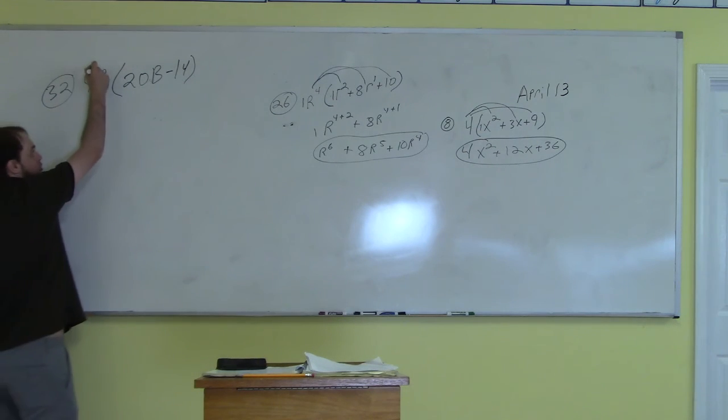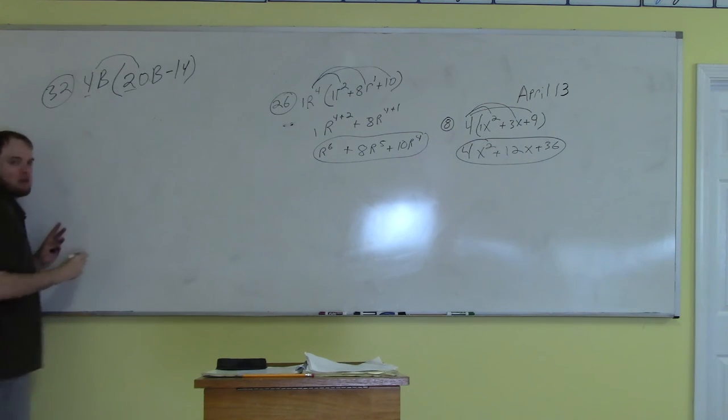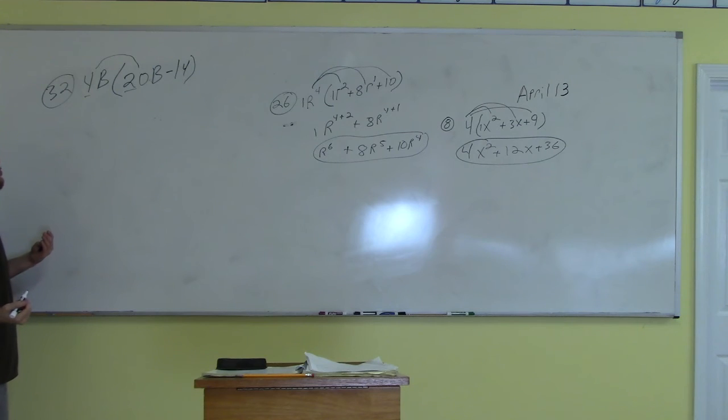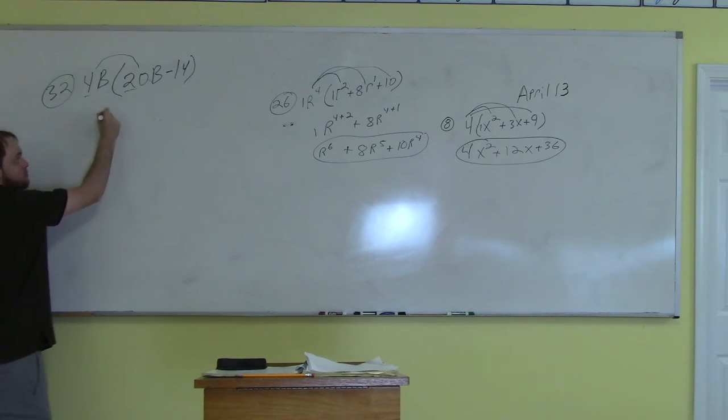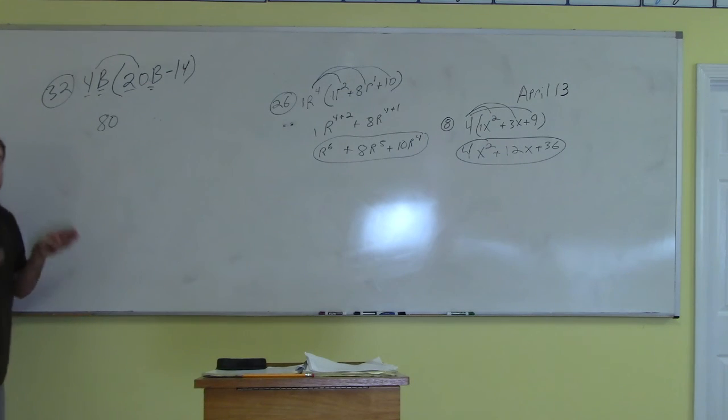So we're going to do 4b times 20b. And so when we multiply these, you do number times number, and then the variable times the variable with adding the exponents. So I'm going to do the 4 times the 20. So 4 times 20 would be 80. And then I'm going to do the b times the b, and then I'm going to add their exponents.